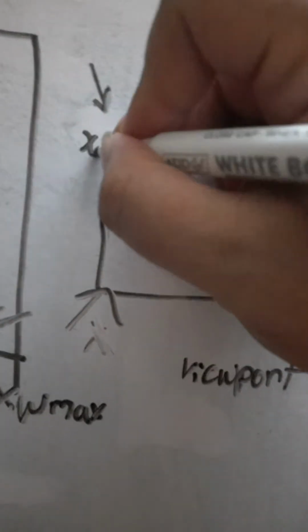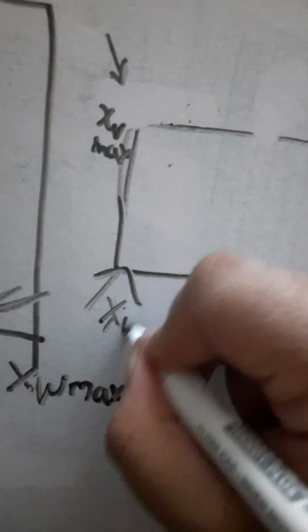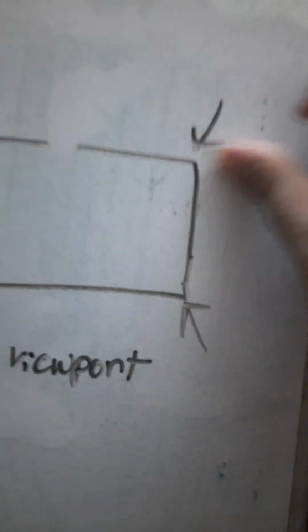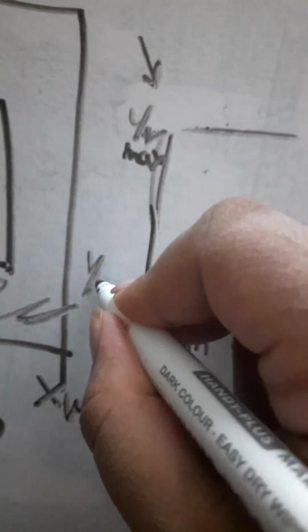This would be XV max, this would be XV min, and this would be, sorry, this is YV max actually. I'm really sorry, I apologize for my mistake. So this is XV min, and this is also YV min, because y-axis, x-axis, they obviously are connecting here because this is origin.